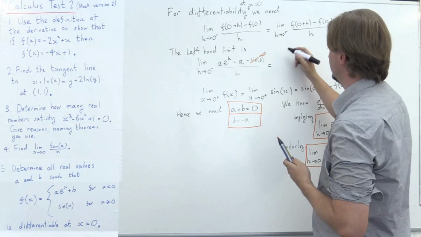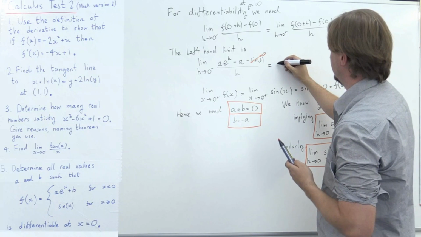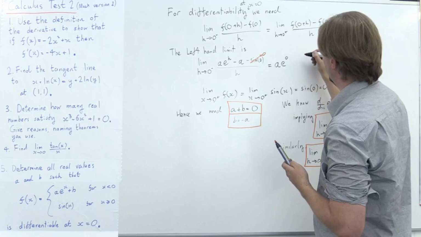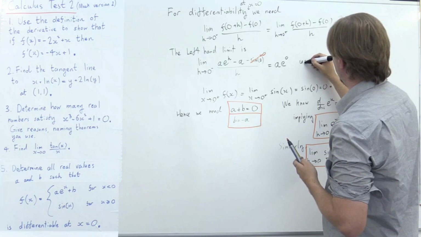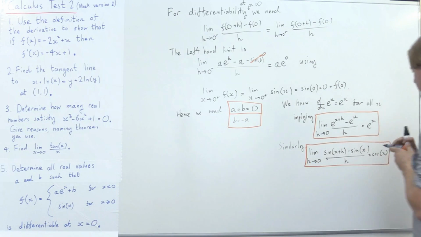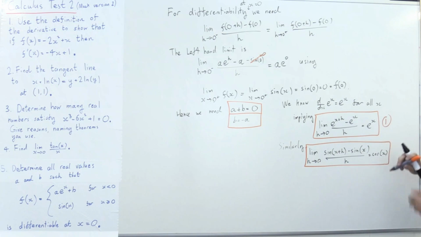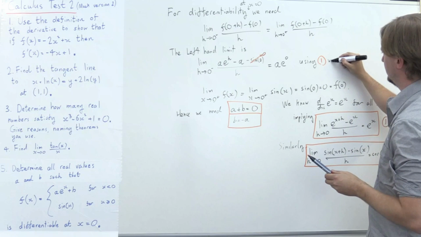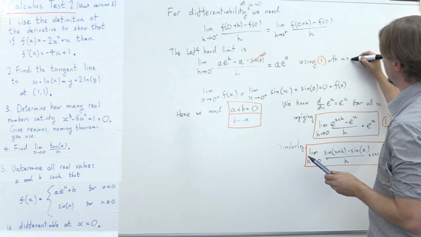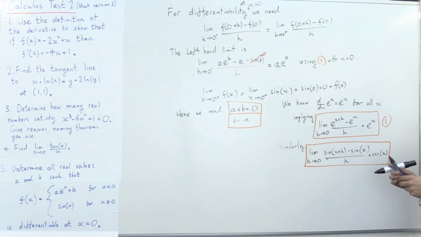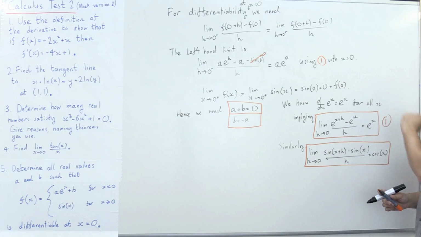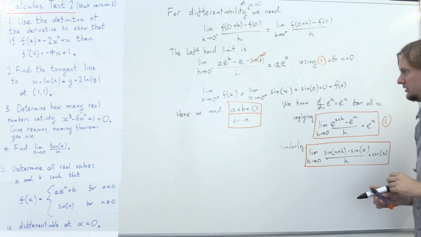So this is a e to the 0, using fact 1 I stated with x equals 0. So I know it is just equal to that.